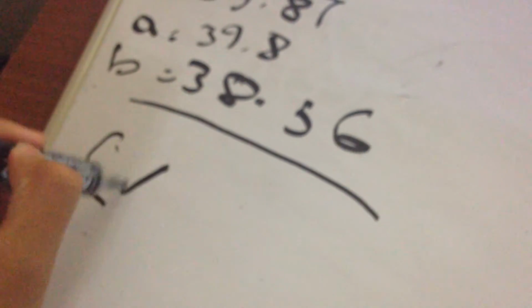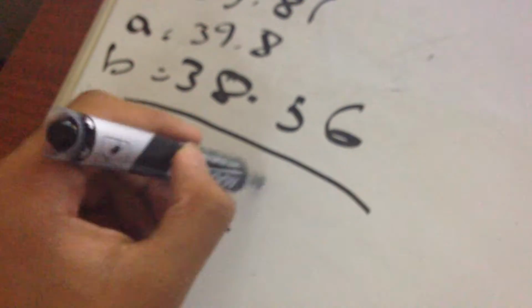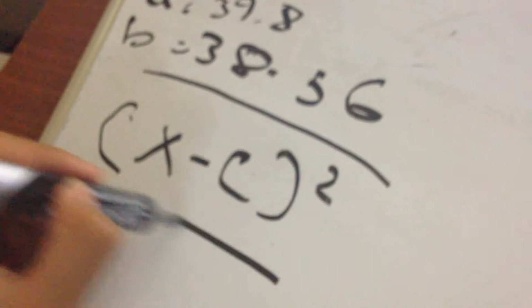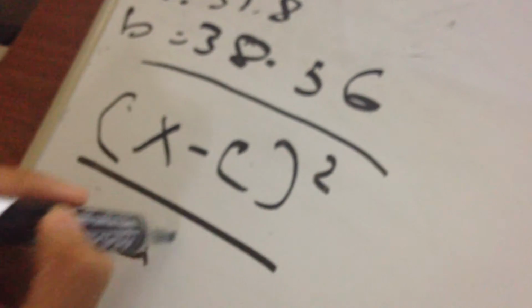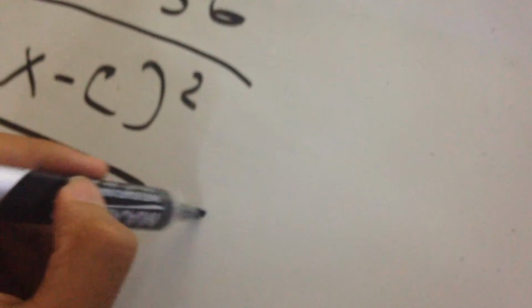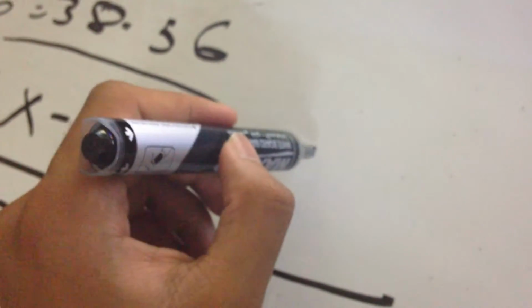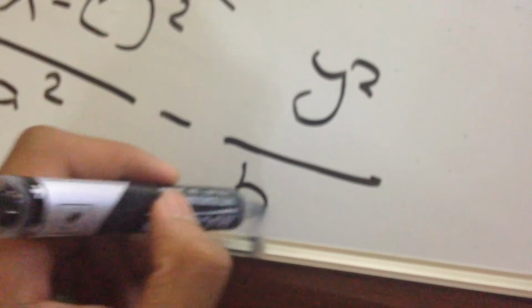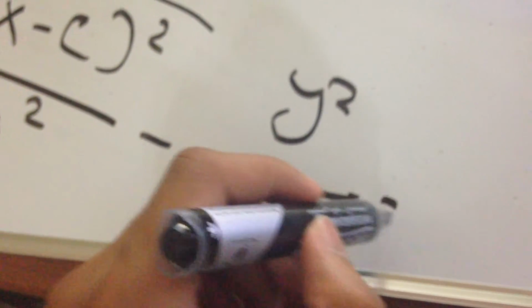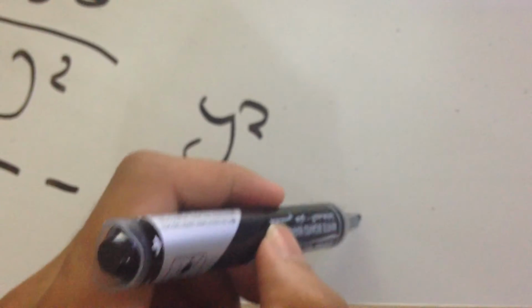They want us to write it in the form (x minus c) squared over a squared plus y squared over b squared equals 1.